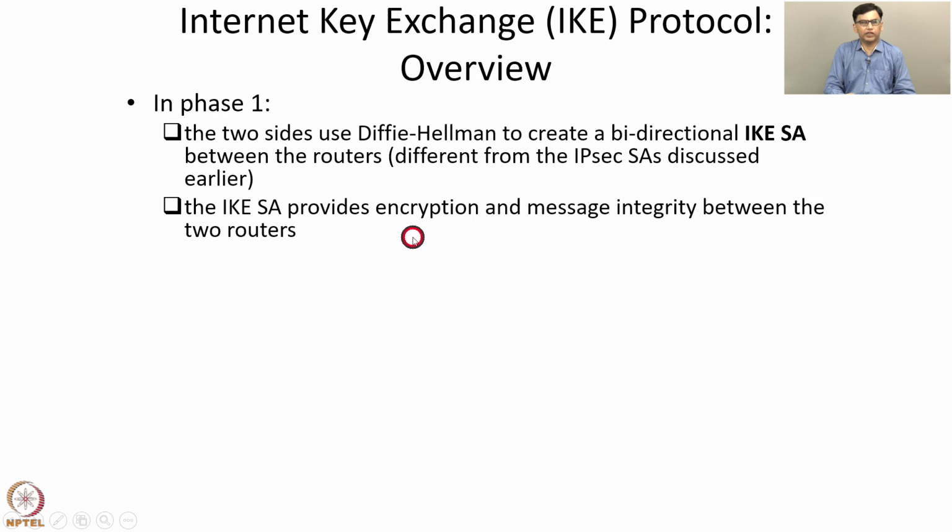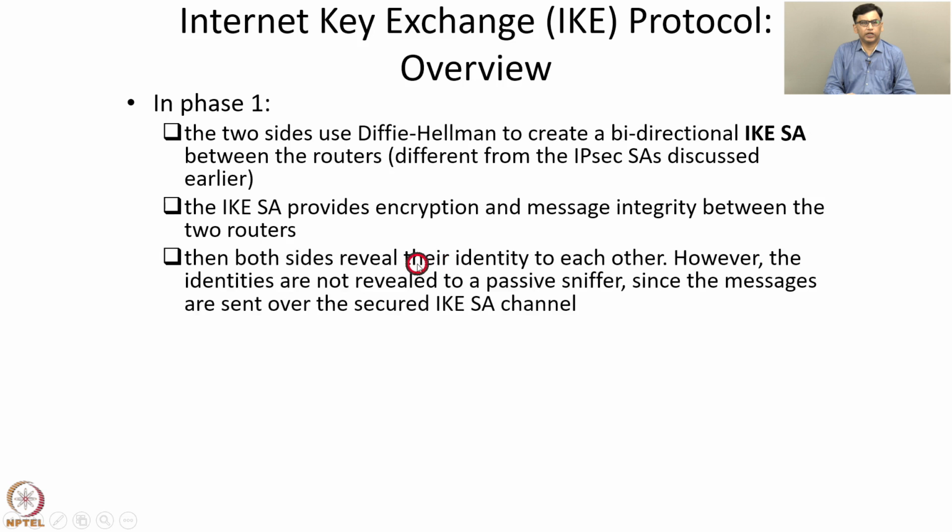Once the IKE security association is created, a secure channel is now available, which provides encryption and message integrity between the routers. Then over this secure channel, both sides reveal their identity to each other. But since this information is encrypted, the identities are not revealed to a passive sniffer, because the messages are sent over the secured IKE security association channel. What is meant by this identity?